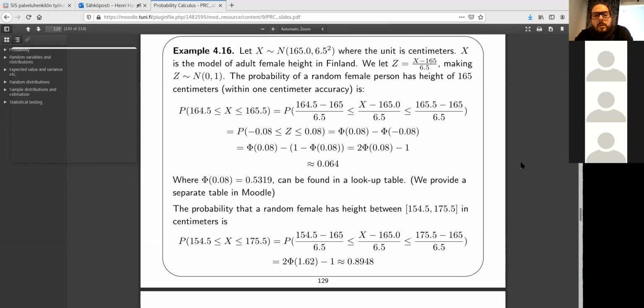We normalize both: from both of these values we subtract 165, and we divide by 6.5. Then the probability that x is between 164.5 and 165.5 is in fact equal to the normalized variable Z being between minus 0.08 and 0.08.